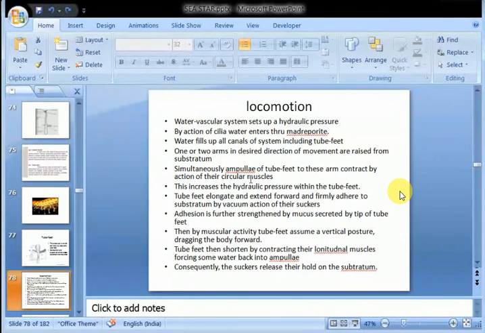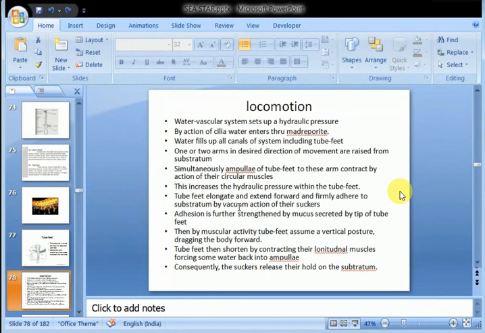Simultaneously, the ampullae of the tube feet of these arms contract by the action of their circular muscles. Ampullae contract, so that pushes the water into the tube feet. This increases the hydraulic pressure within the foot part. Then these tube feet elongate because they are no longer attached to the substratum.